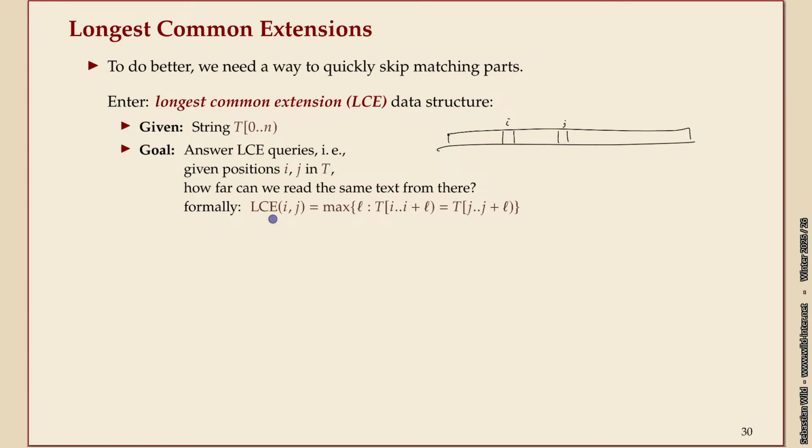And the output of the LCE query is the number of characters you can read from i and j to the right that are the same. And it should be the maximal, so the next one is different. So this length, that's L, the number of characters before the first mismatch. That's what's written here formally.